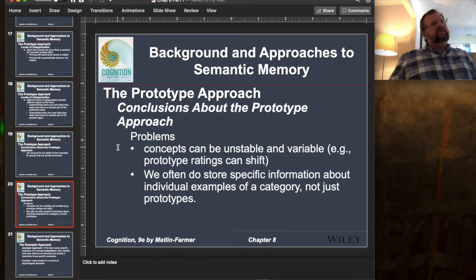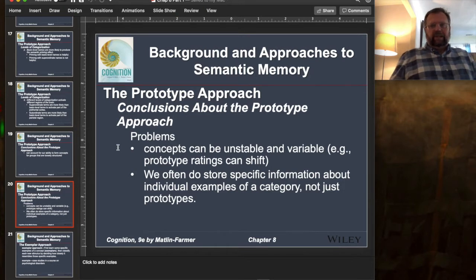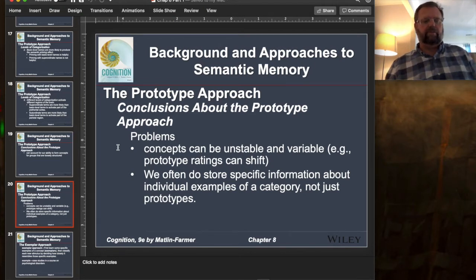So in that sense, what is the prototype doing? Meaning, if I have all this general information about each thing that's a part of that specific category, what is it that the prototype is actually doing? Is it really necessary? So these are some of the critiques or problems that have been found with this particular approach.